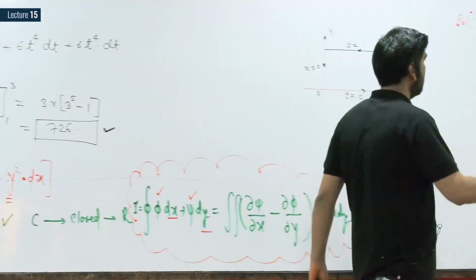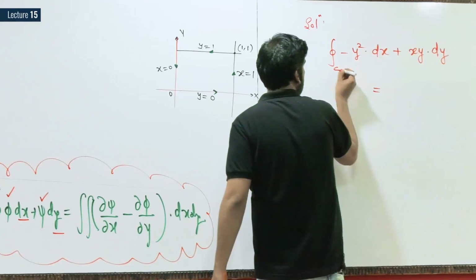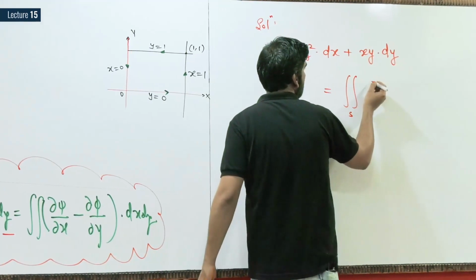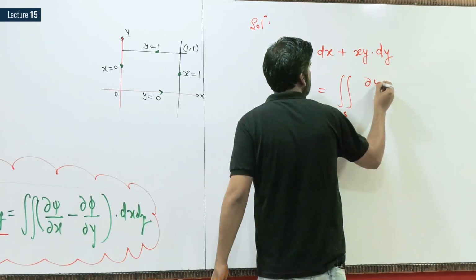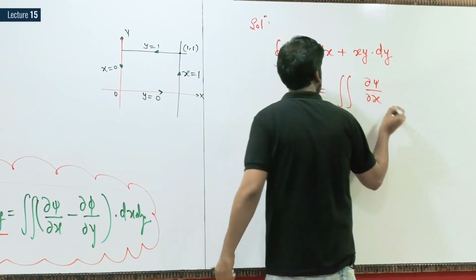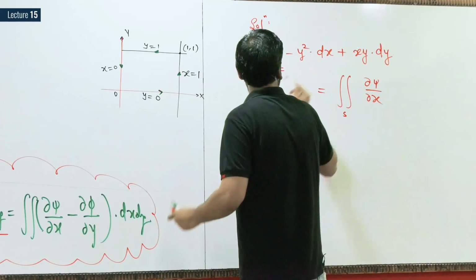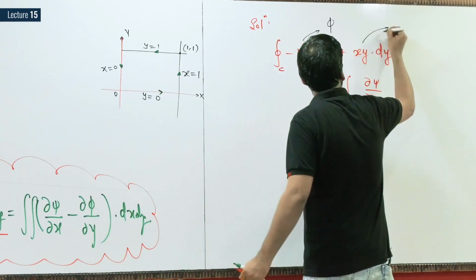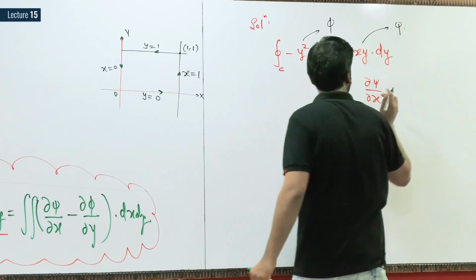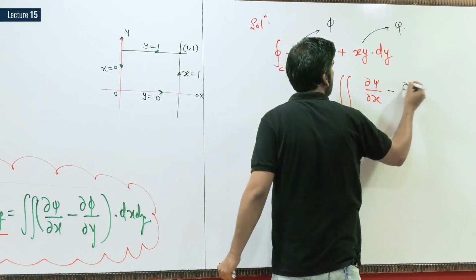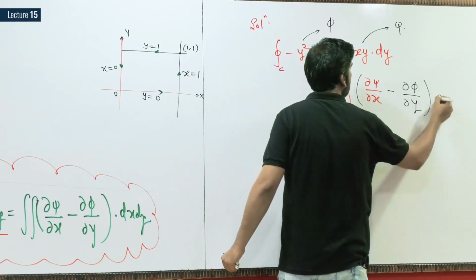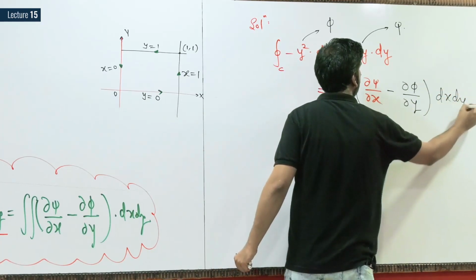Now let us apply Green's theorem. What is it? Double integral of del psi by del x minus del phi by del y dx dy.